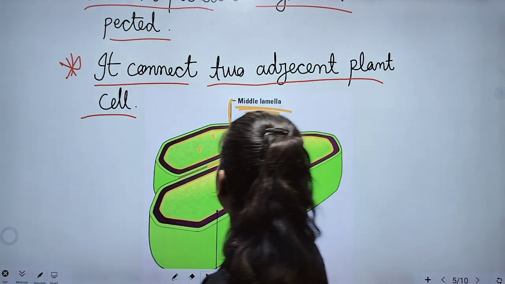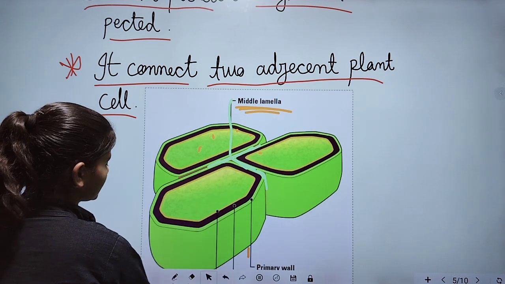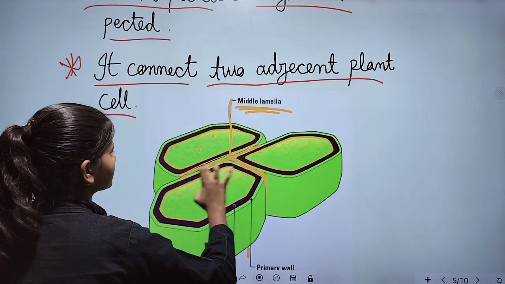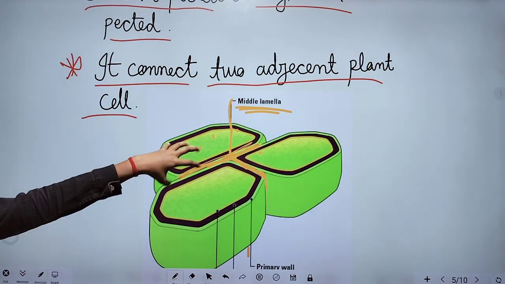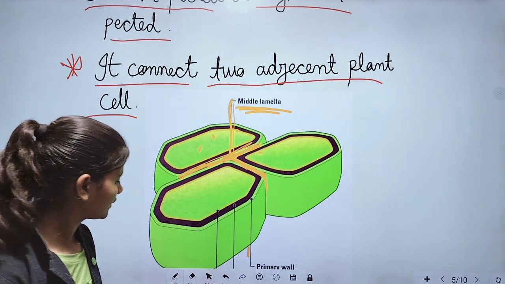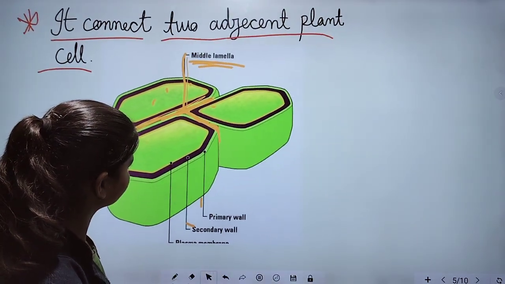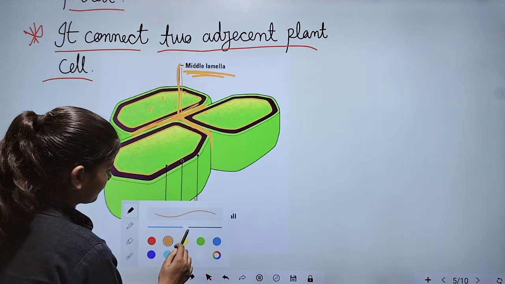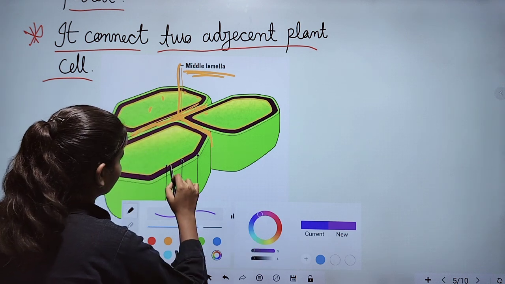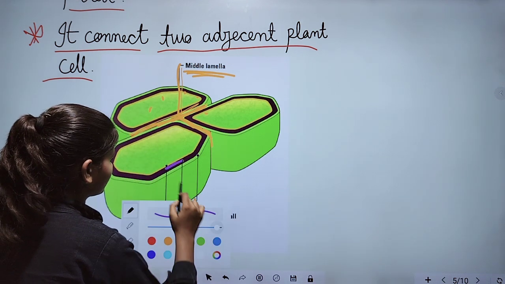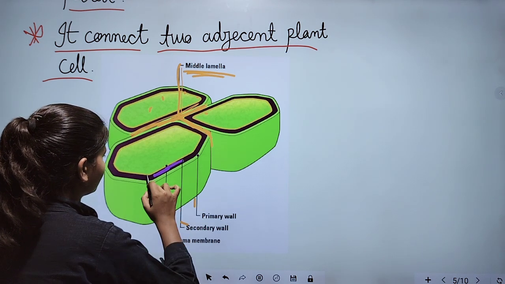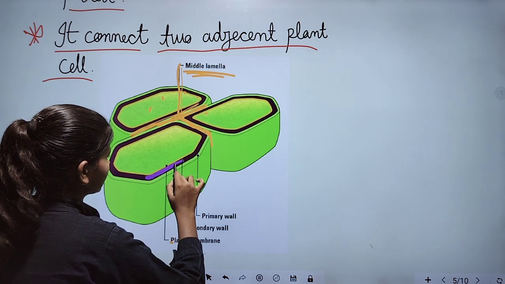Here you can see, this one is middle lamella. Okay, this orange part connects cells to each other. This one is middle lamella. Okay, and here you can also see this one is secondary cell wall.